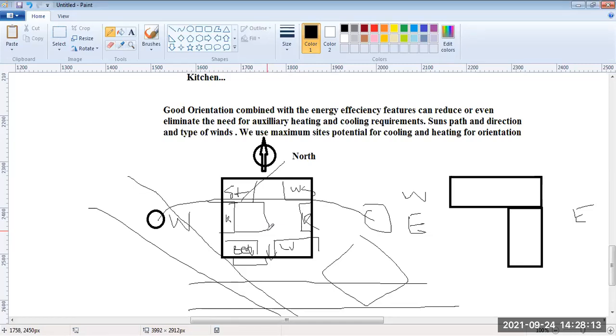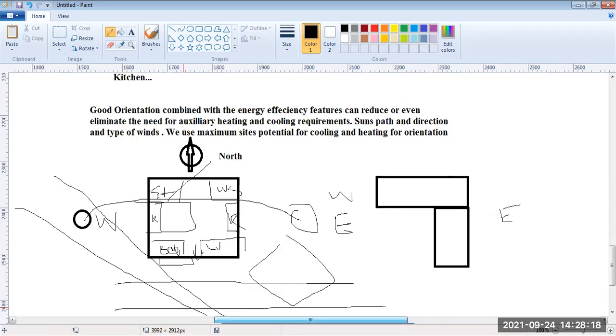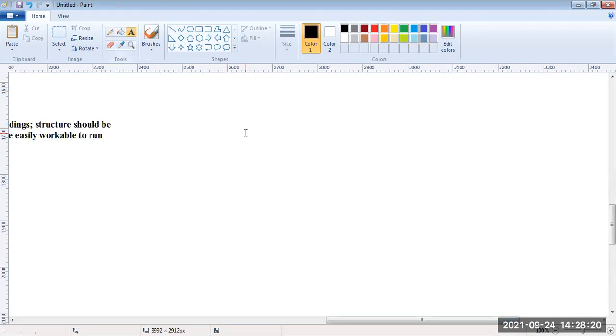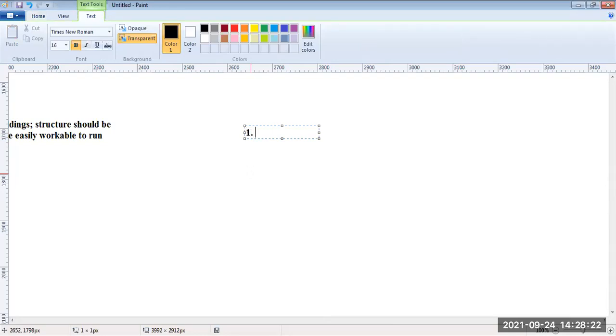So we need to design the best orientation now, dependent on number one, temperature ranges, that is both seasonal and diurnal. Humidity range is second.